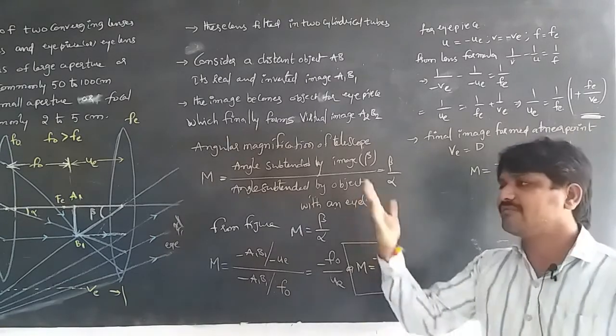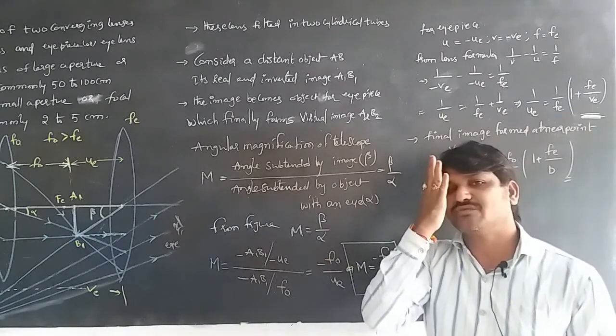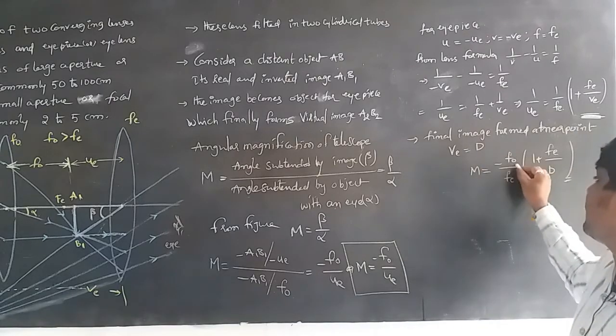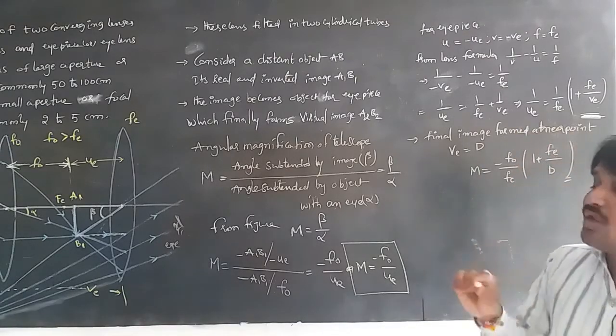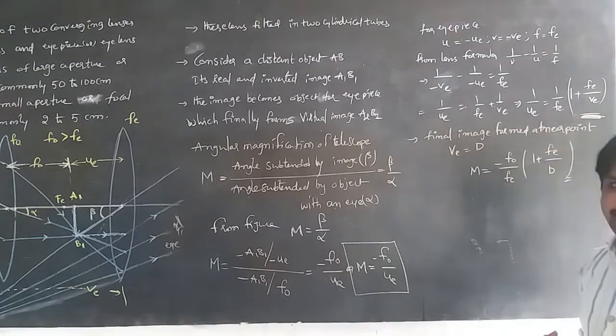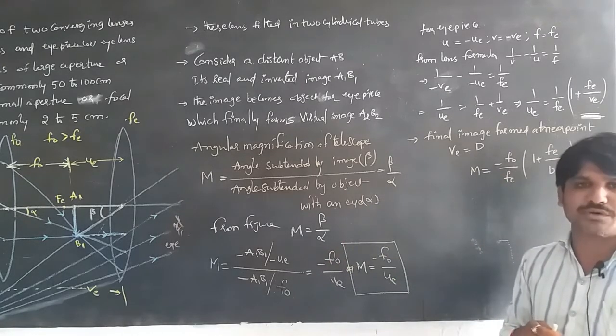Near point means whenever the eye is taken near to the lens, the object distance will be equal to D. If the image is at infinity, the object must be placed at focus.